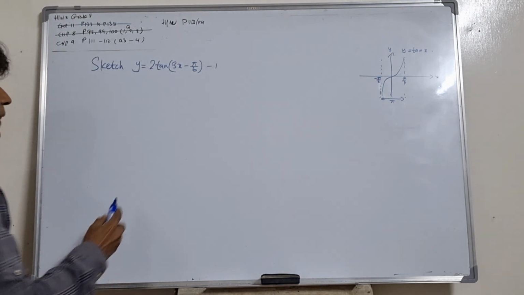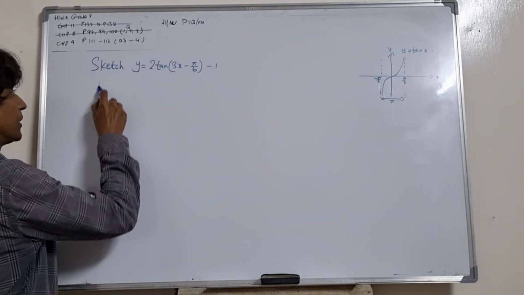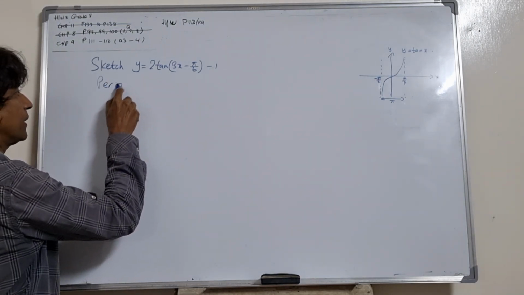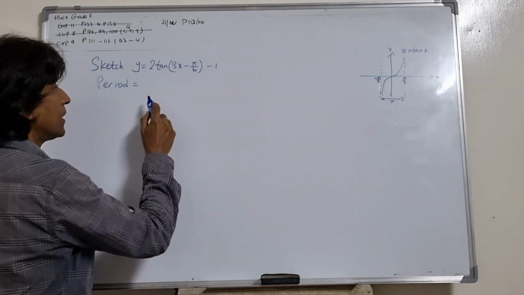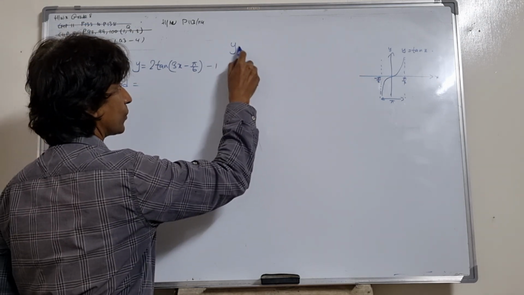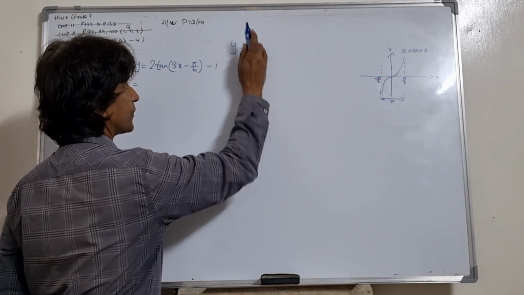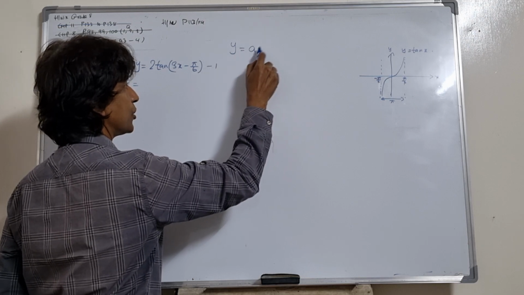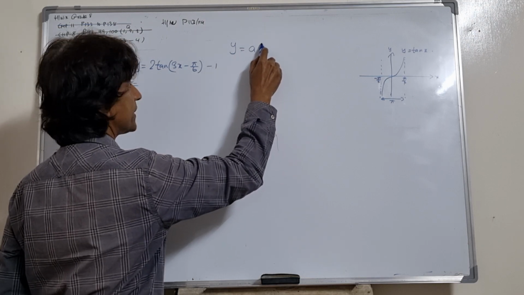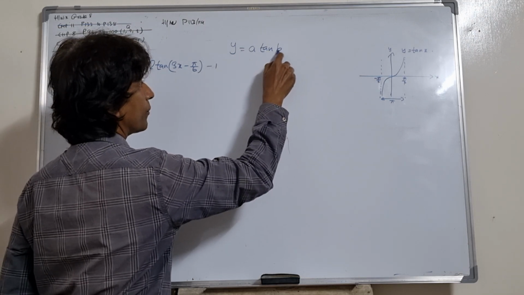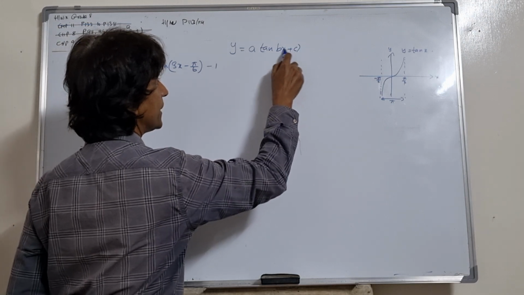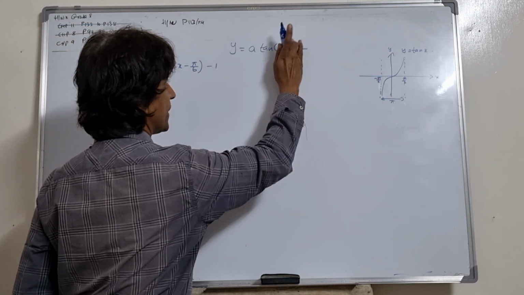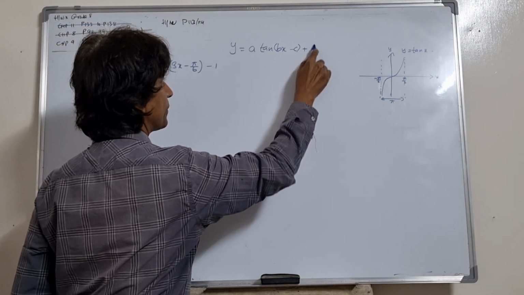Okay, so what we're going to do is try to find the period. If you have a tan graph, generally you have it in the general form A tan of bx minus c, and then plus d.